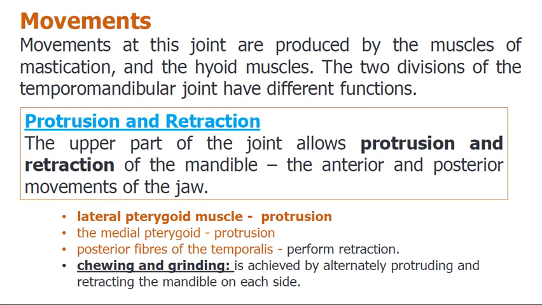The medial pterygoid muscle also participates in the protrusion of the mandible during its contraction, and the posterior fibers of the temporalis muscle perform the opposite movement, which is the retraction of the mandible. So protrusion and retraction of the mandible is a movement at the superior compartment by these three muscles, the pterygoids and the temporalis.